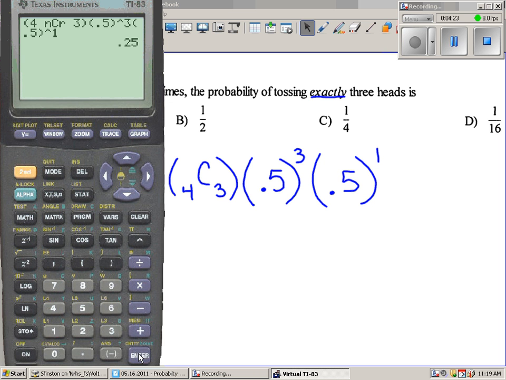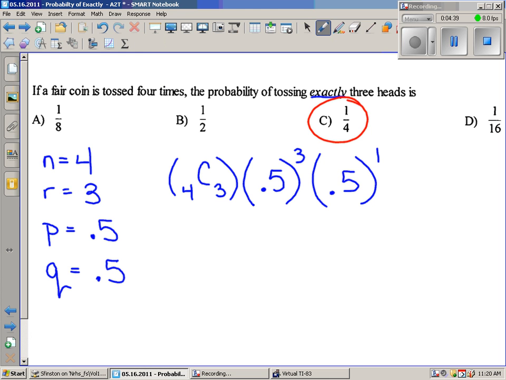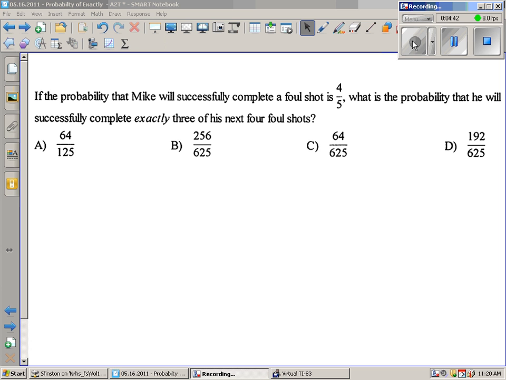Enter. Which choice is that? It's a 4th. Of course it's a 4th. If you weren't sure, by the way, watch the crazy stuff you can do. Math, convert to a fraction. Thank you, calculator. I really appreciate that. It's so nice of you. That's okay. You'll get the hang of it.